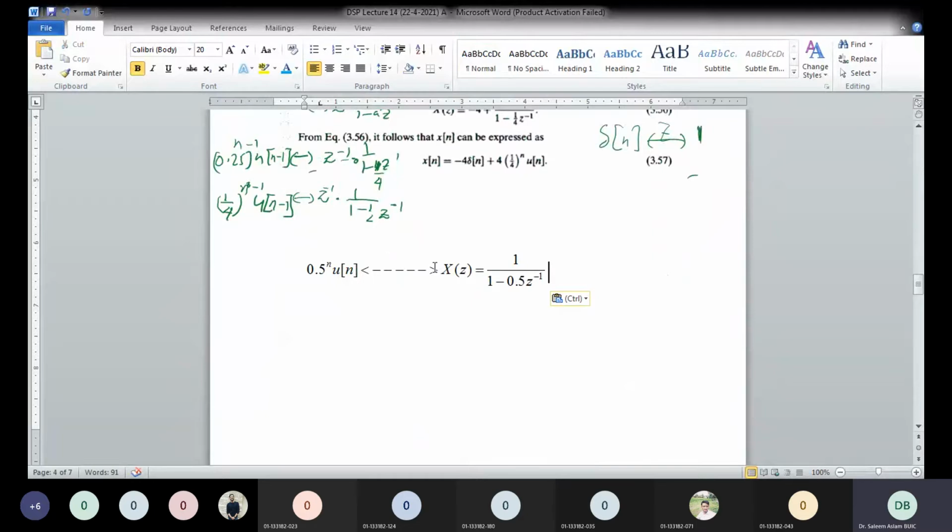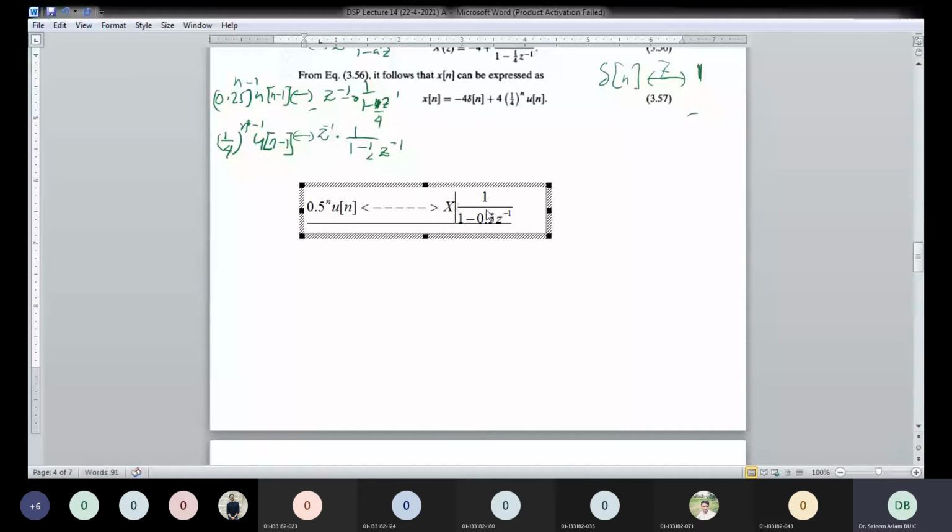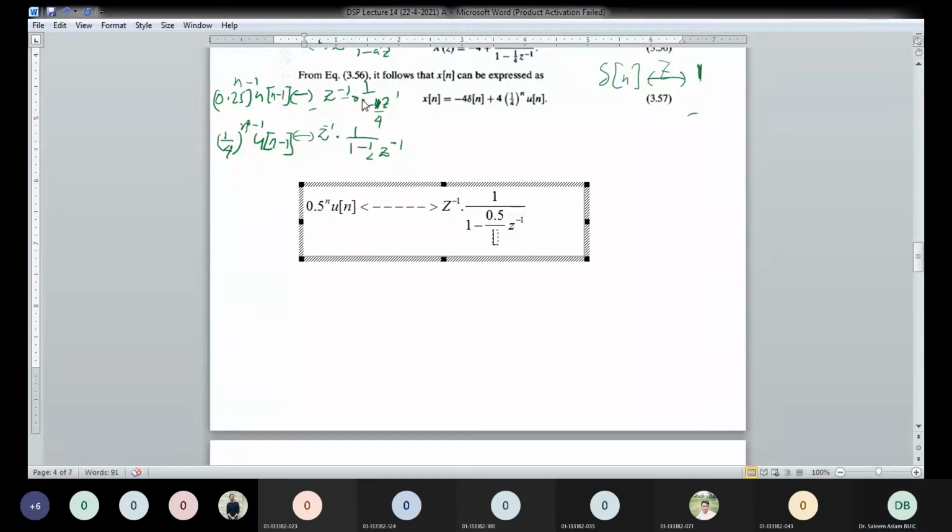We have z inverse dot 1 over 1 minus 1 by 4 z inverse, right?